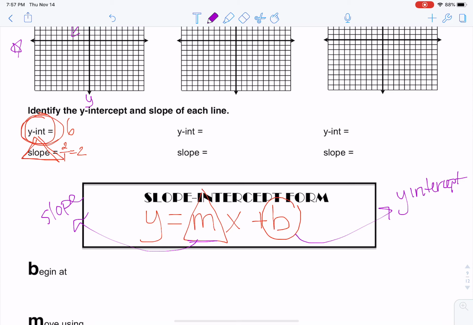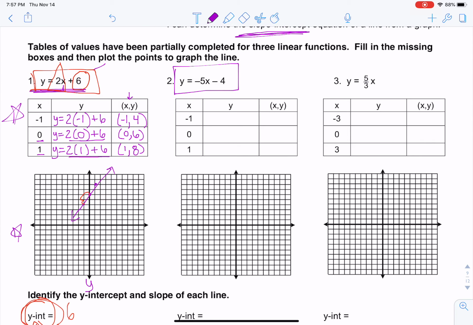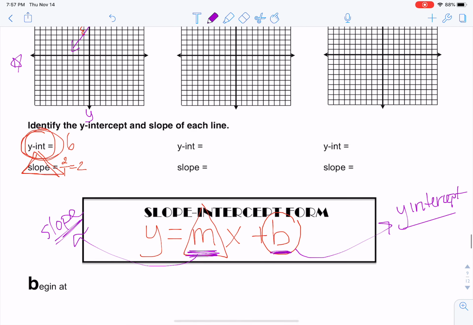Whatever number is in this part of the formula stands for my slope, my rise over run, and whatever number is over here at the very end is my b, the y-intercept. That's what we saw in this equation. You didn't know it yet, but it's in slope-intercept form because it's in y equals mx plus b.